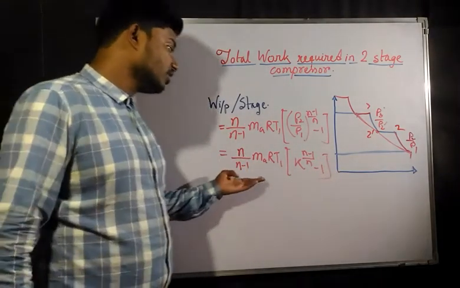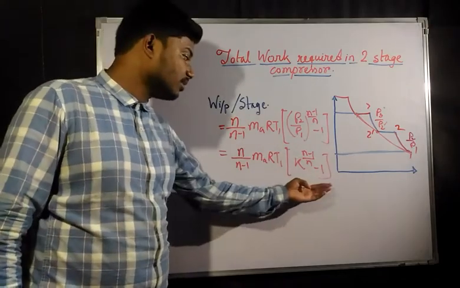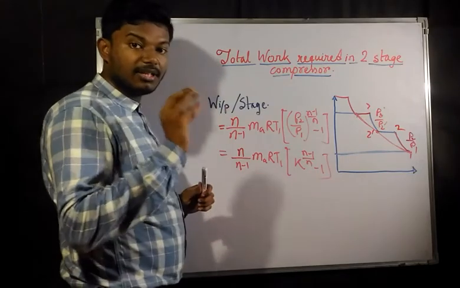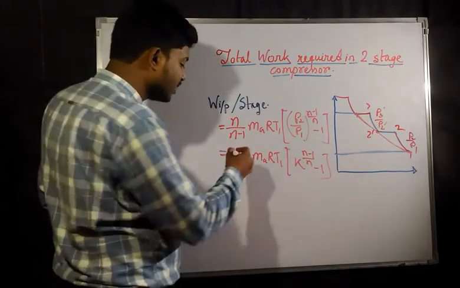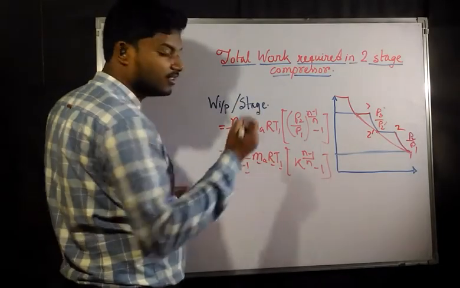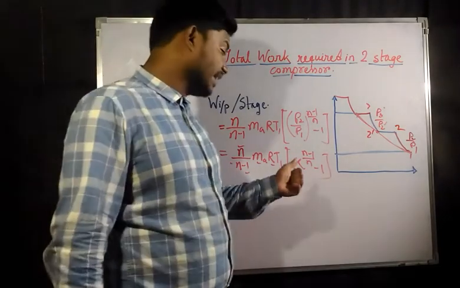This is your work done per stage. In each stage you are going to have this much, because this is constant, this is also constant. Now for minimum work input, K is also constant.